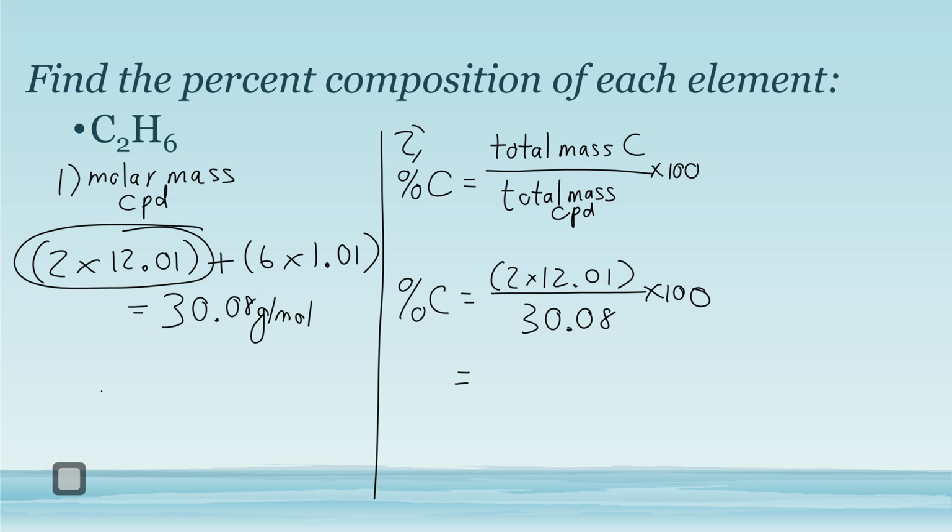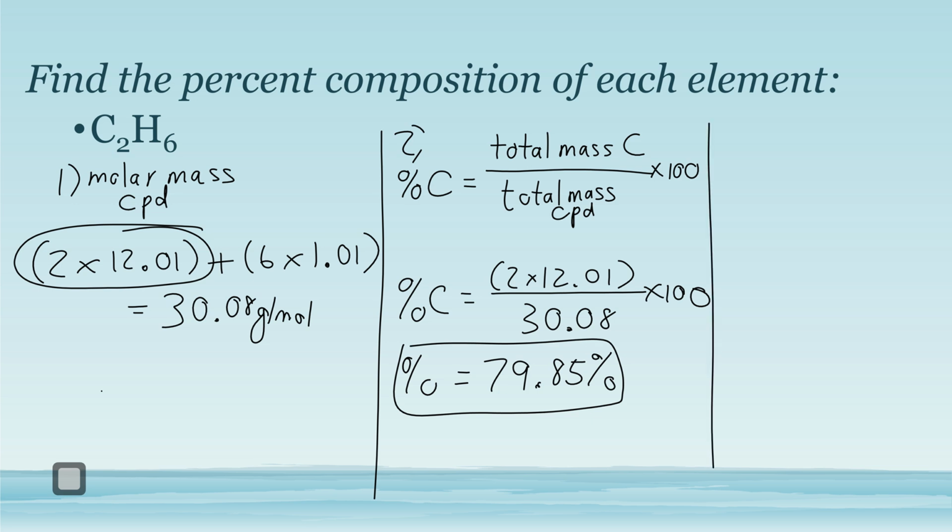At least for my class, we will be rounding these to the 100th place, to 2 decimal places. So 2 times 12.01 divided by 30.08, and I get 79, times 100, 79.85%. And that would be the percent of carbon.